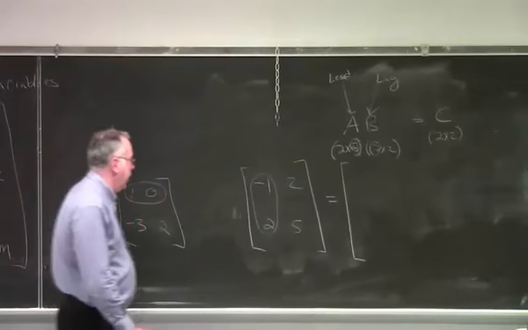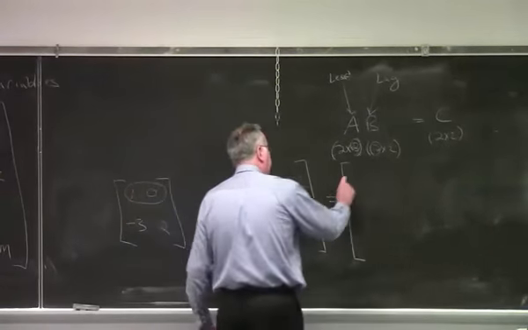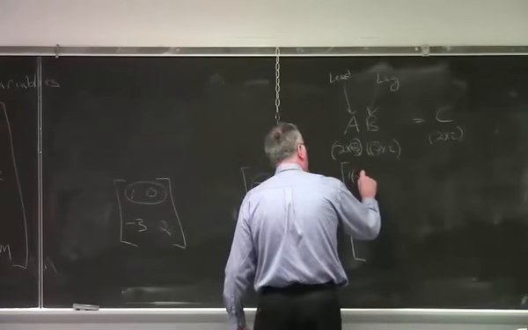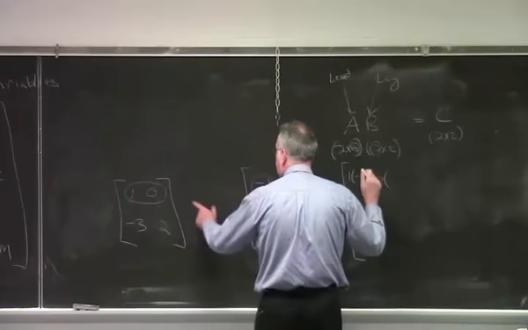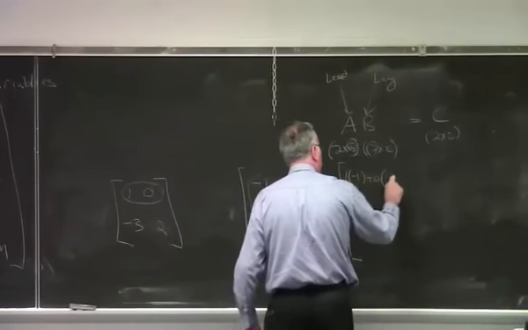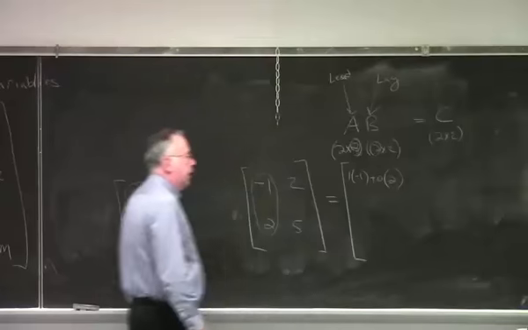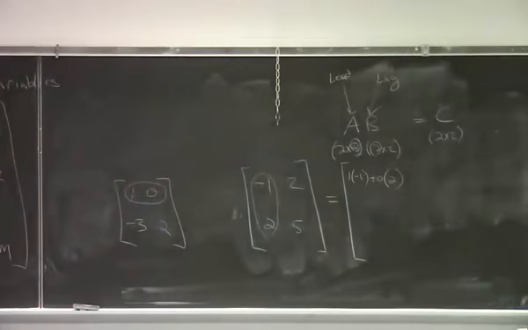So if we do that, let me write it again. 1 times -1 plus 0 times 2. That sum will be the element in first row, first column of the product matrix.